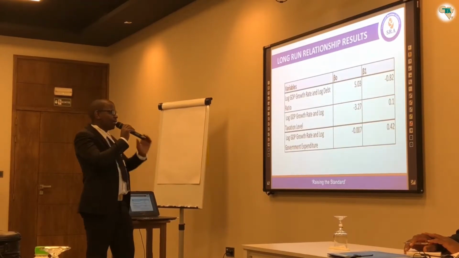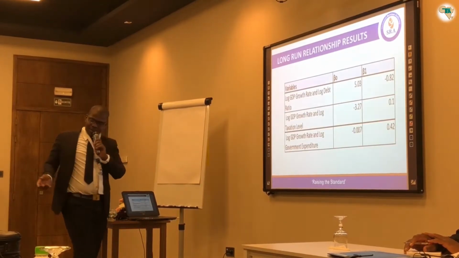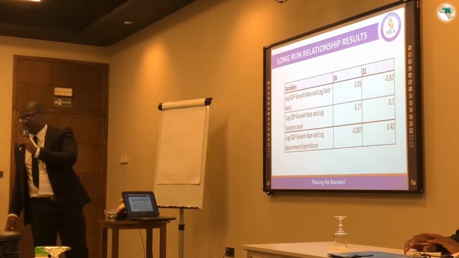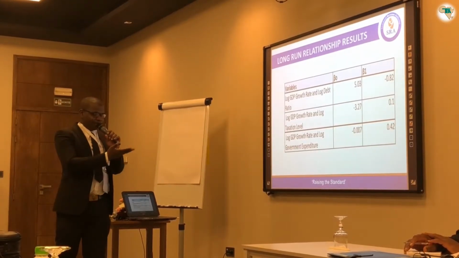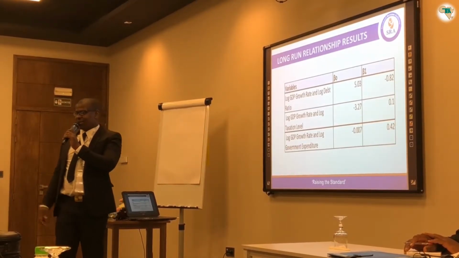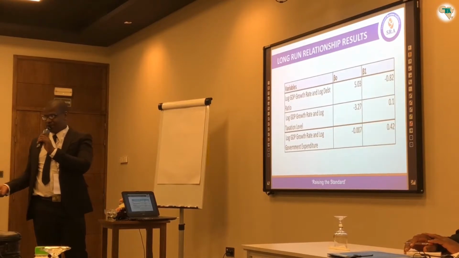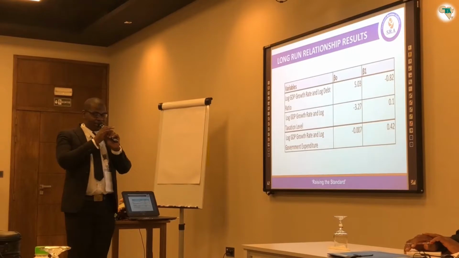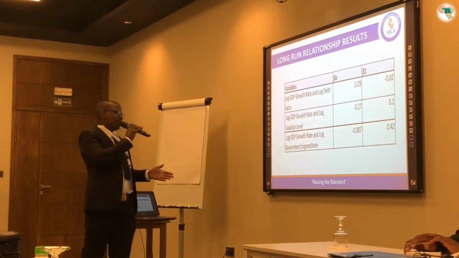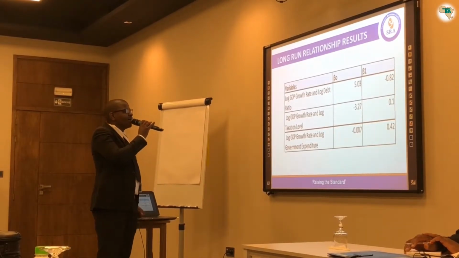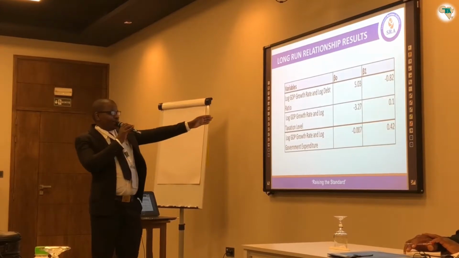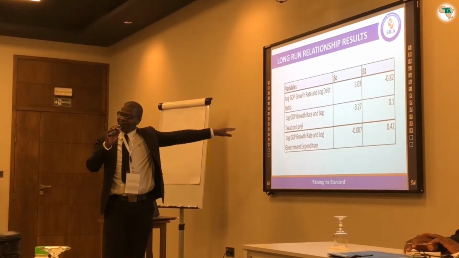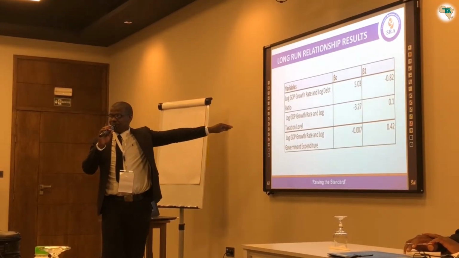But then, in the long run, the FDI drops because after running the bounds test, there is no long-run relationship between FDI and GDP. So that's why it's not there for the long-run coefficients. But what is worth highlighting for the long run is that the debt ratio has a negative effect on the GDP.